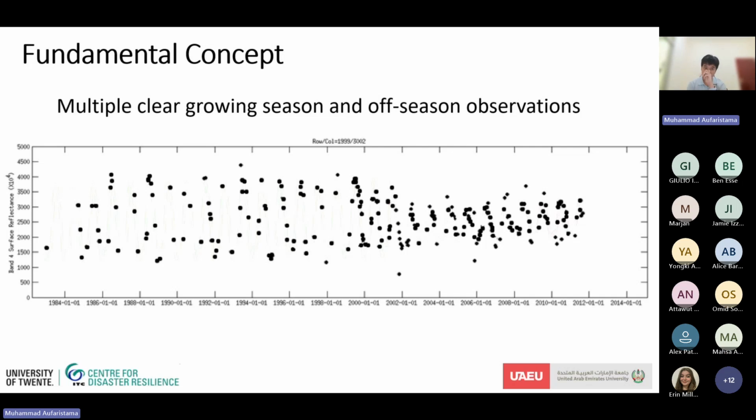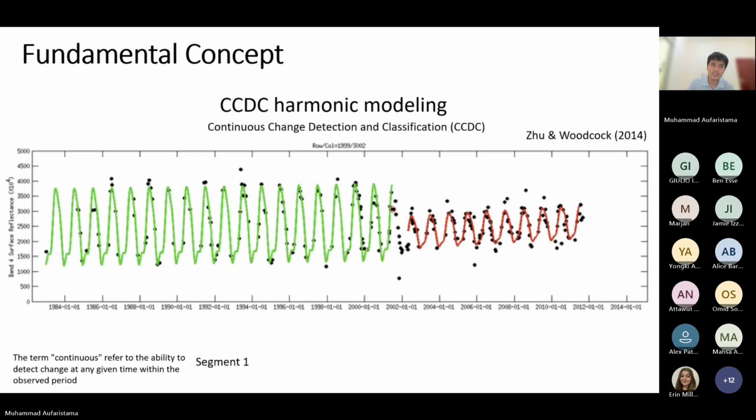Now the question is what does this pixel tell you, and how to make it interpretable. Let's say now we use a harmonic model from continuous change detection and classification. This model, CCDC, was invented about a decade ago by Zhu and Woodcock in 2014.